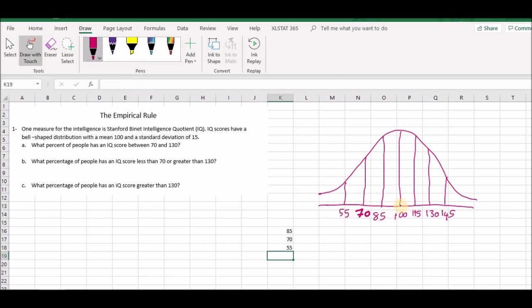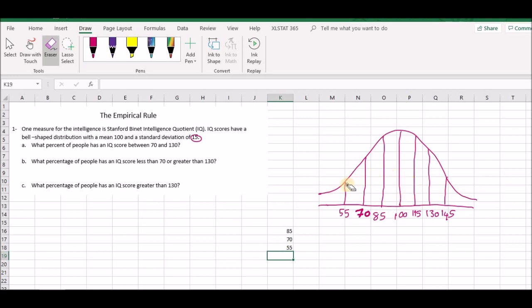So again, I started with the mean and added one standard deviation at a time. 100 plus 15 is 115, then 115 plus 15 is 130, and 130 plus 15 is 145. Similarly, 100 minus 15 is 85, 85 minus 15 is 70, and 70 minus 15 is 55. So this is how you come up with these numbers.